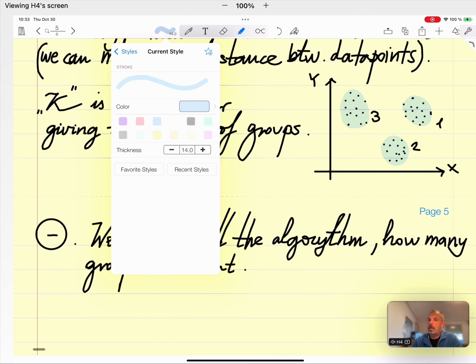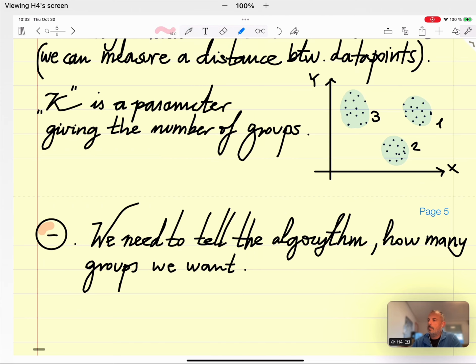The downside, let's do red. So the sunny side of it, we'll do it blue.